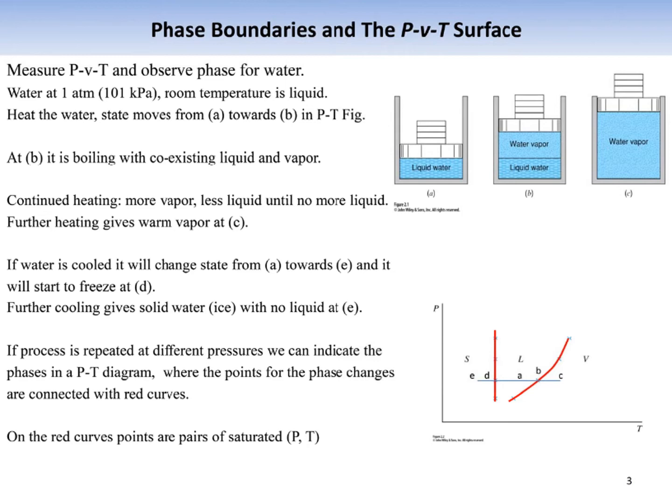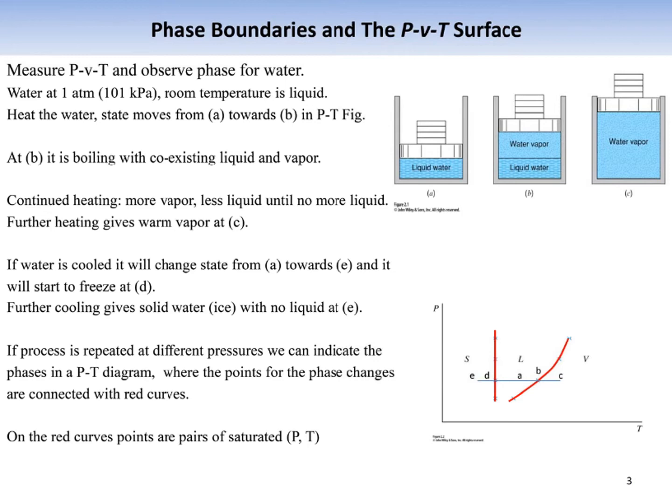Now let us examine what will happen if we input some energy to the system, and discuss the constant temperature boiling process. However, before that, let us define some conditions: the external pressure on the water is 101 kilopascal, which is equal to 1 atmospheric pressure.